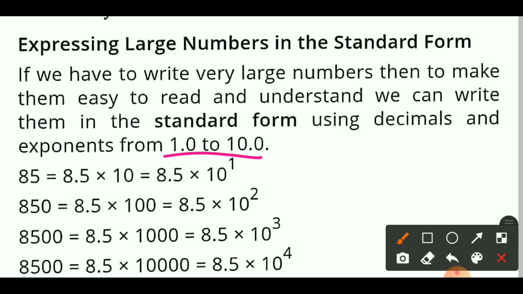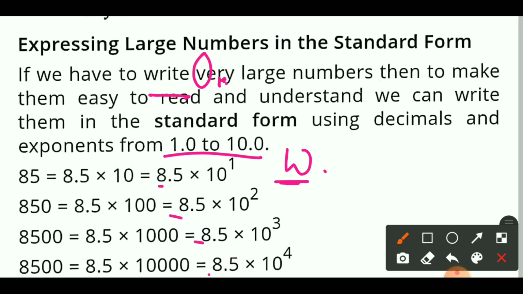Whole number is in standard form, we have only ones in the whole number place. Okay, we cannot take two numbers before this decimal. For example, here you can see that 8.888. Here we have only one number before this decimal point.